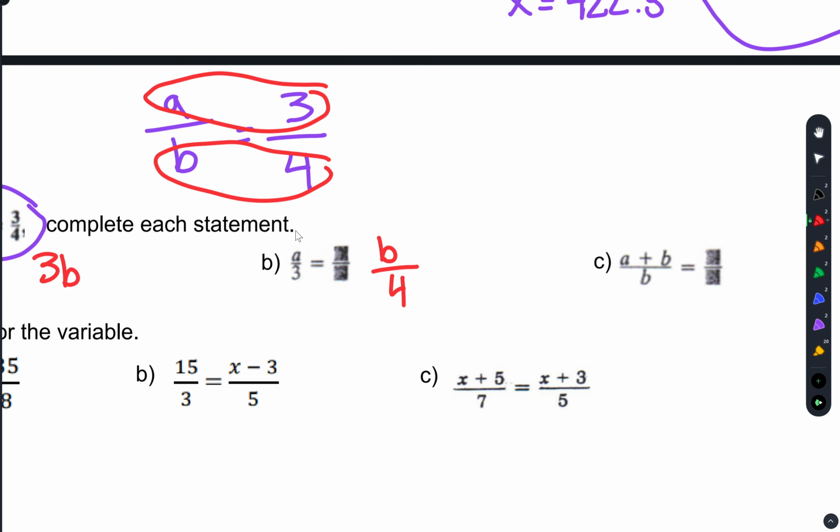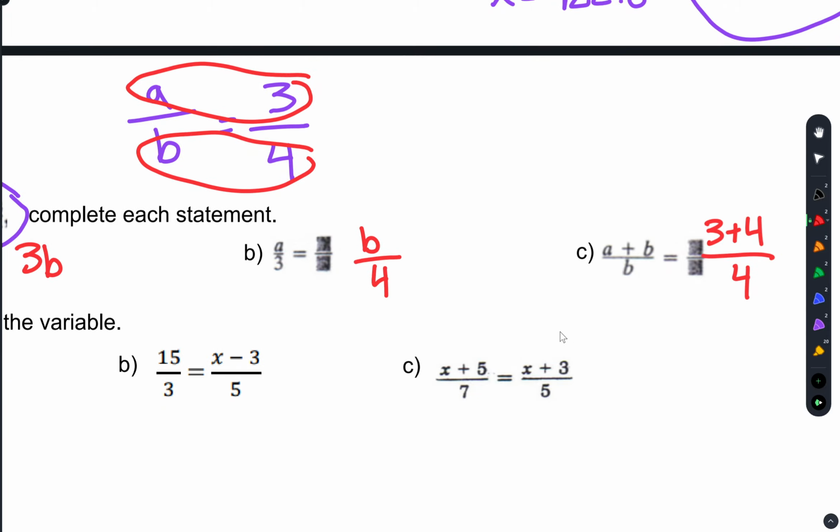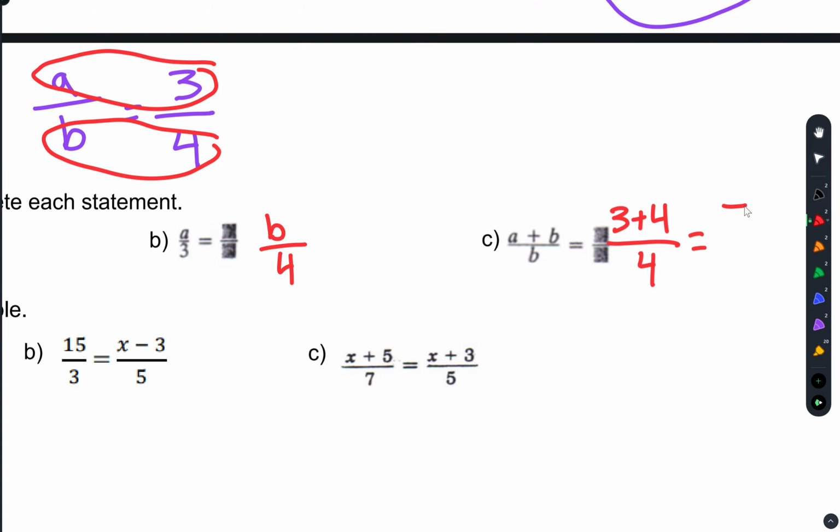So the other side should also look like numerator plus denominator over denominator. 3 plus 4 over 4. You should simplify this to 7 over 4.